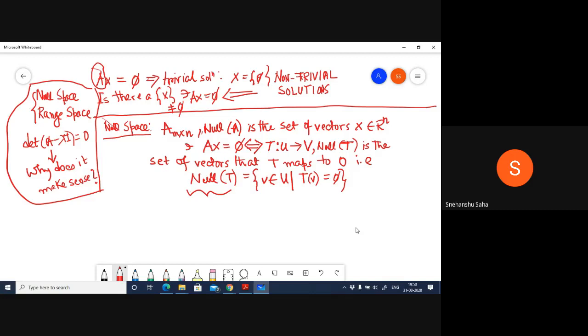Null of T is one such non-trivial subset, because by definition we are interested in which column vectors belong to Rn such that T of x is equal to 0. So we are not talking about an empty space. And number two, there are two properties of a subspace that we have to satisfy. One is the closure, which is very, very simple to show.